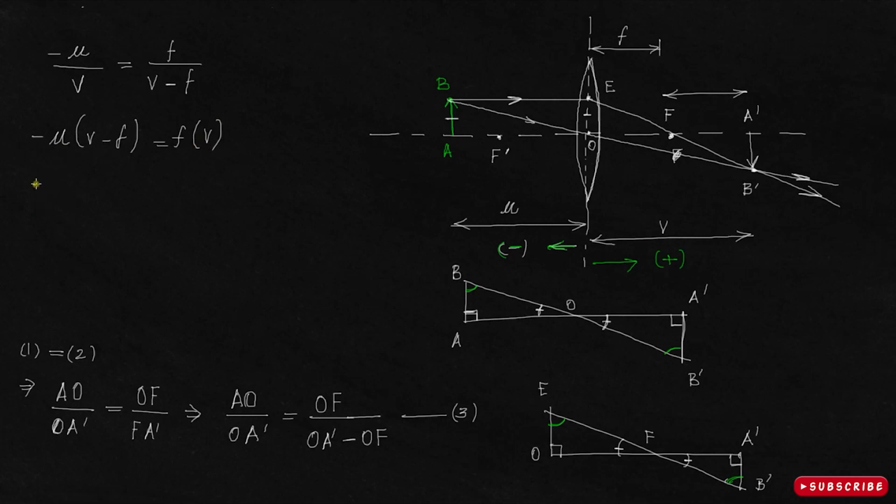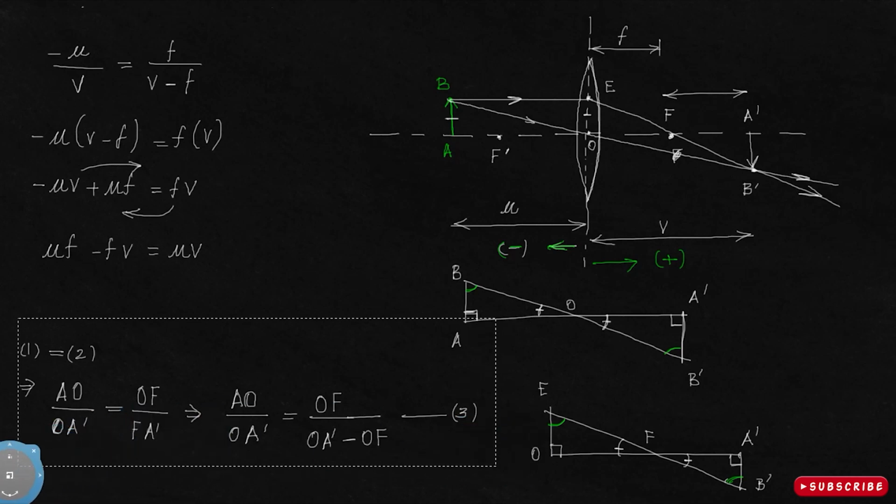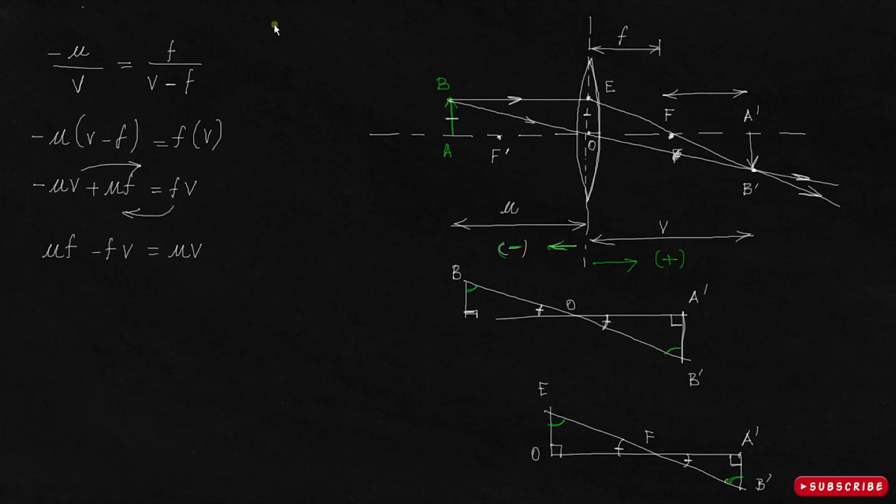This will become minus UV plus UF is equal to FV. Now take this FV to the left and UV to the right. It will become UF minus FV is equal to UV. Before that, call this equation number 4.